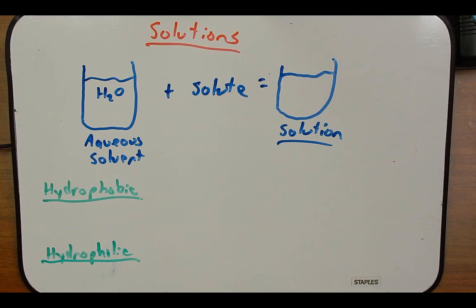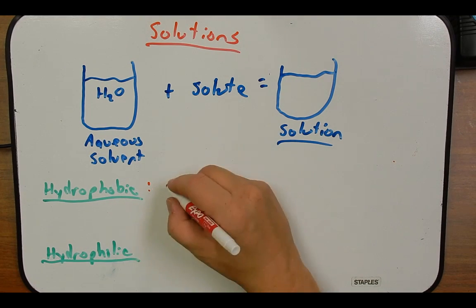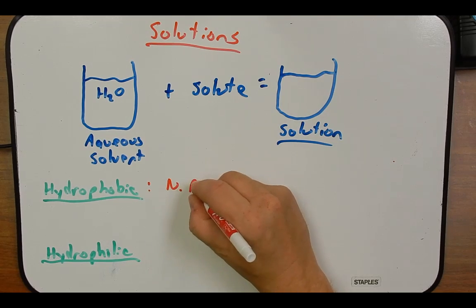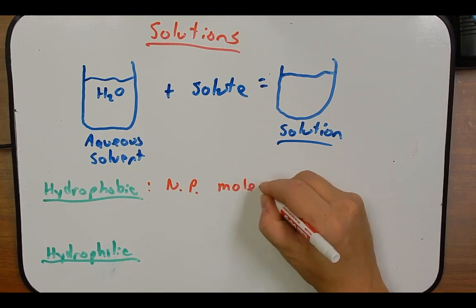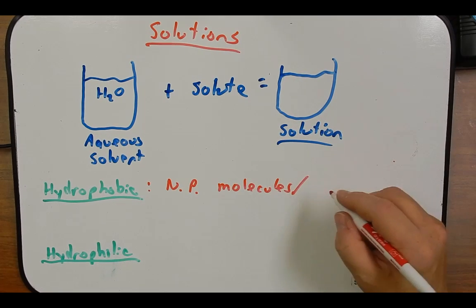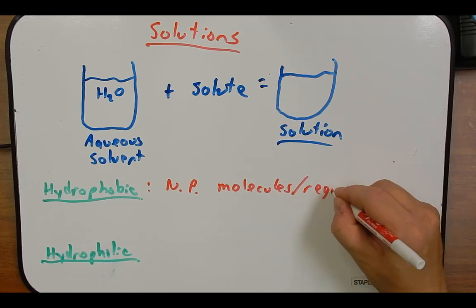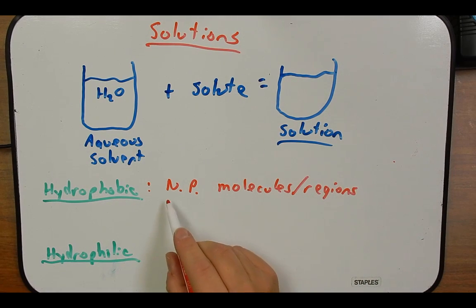These are very important interactions in cell biology, and we can define the hydrophobic interactions as when non-polar (NP for short) molecules, or it could be regions of a larger molecule. You will have a large protein, but there are some regions of it that will be nonpolar and some regions that will be polar.